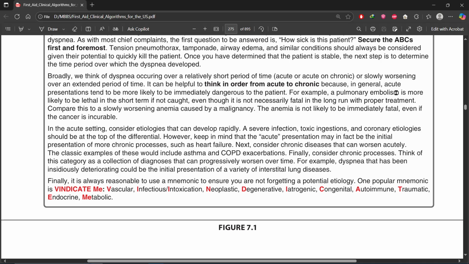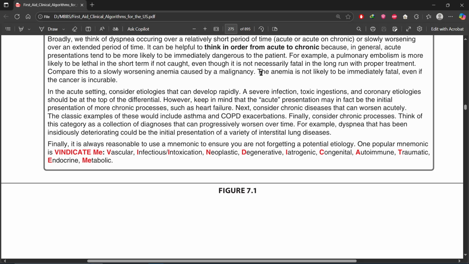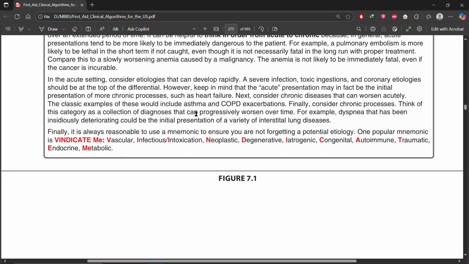For example, pulmonary embolism is an acute presentation and is very dangerous if you do not treat it in a timely manner, whereas a malignancy is a chronic presentation. Right, so this is basically a general overview, and there is a mnemonic given which helps you to remember certain conditions.